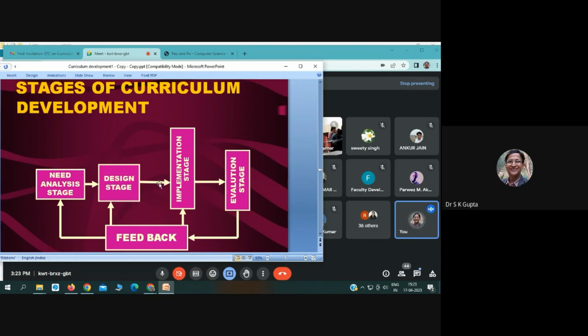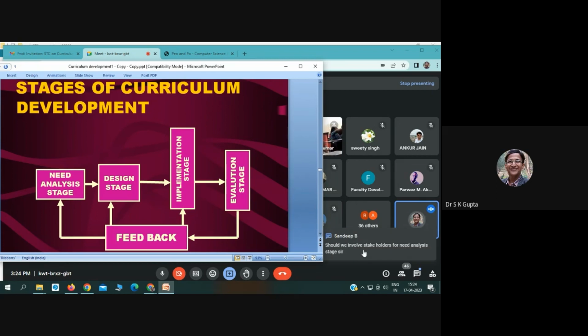After finishing the design, then we go for the implementation stage, meaning we actually implement the curriculum. Then when the curriculum is being implemented, we evaluate: we have formative evaluation of the program, and even the summative evaluation of the program, whether the program is going as per requirement or not.